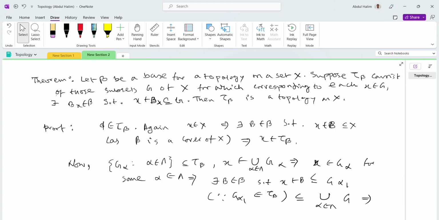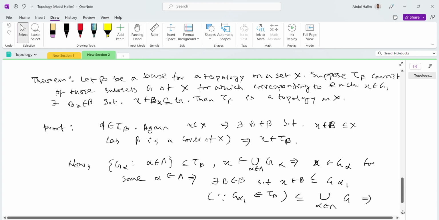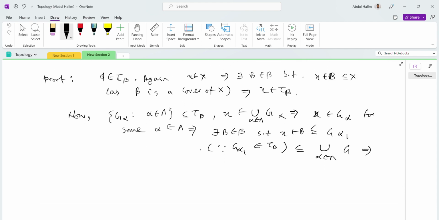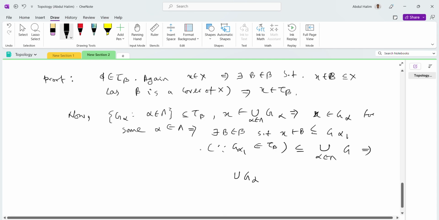It implies there exists a B belonging to beta such that x belongs to B subset of G alpha 1.